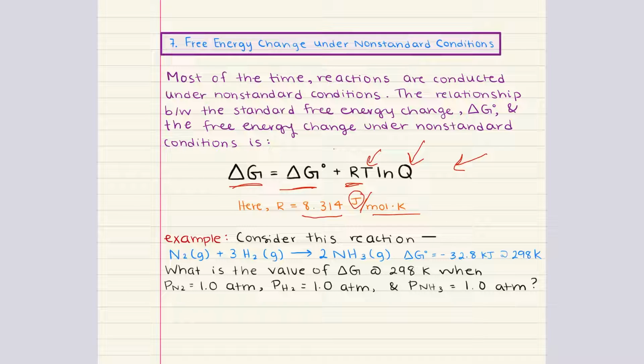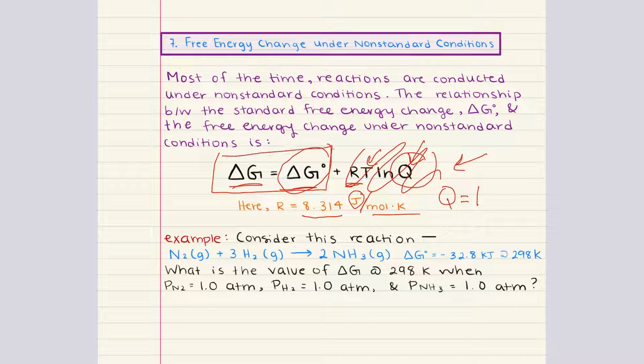This equation shows us that delta G depends on both the intrinsic properties of the reaction, as given by delta G naught, and the current conditions of the reaction through Q. When Q is equal to 1, this natural logarithm term disappears, and what we have left is that delta G is equal to delta G naught, indicating standard conditions.